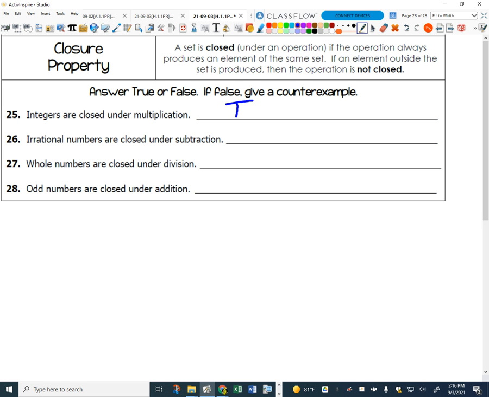What do you think, Kylie? There you go. That's a good one. Pi minus pi, how about? Right? So this is false. A great example would be pi minus pi equals 0, right? 0 is rational. Everybody agree? Okay. Questions on that?